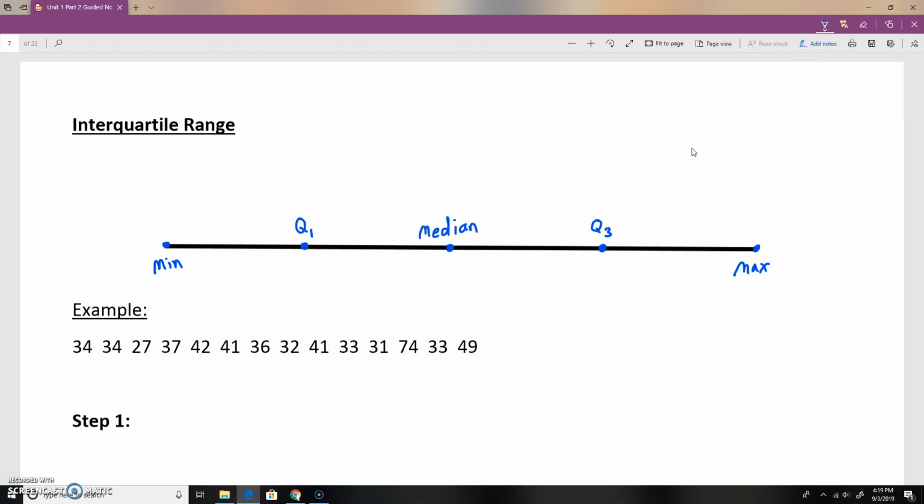Now this middle 50% between Q1 and Q3, we have another name for that. This range here is called the interquartile range.